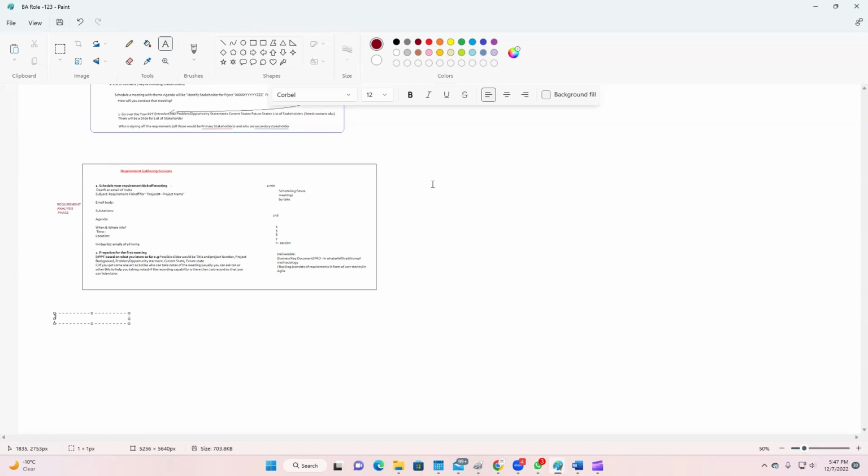Because if the analysis of the requirement is not complete, design cannot start, and if design is not complete, development cannot start. If development is not complete, testing cannot start.